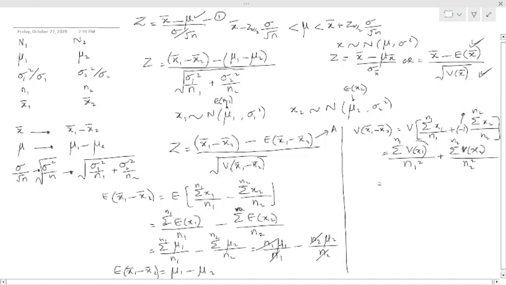Now the variance of x1 and the variance of x2 are these two. This is the variance of x1, which is equal to sigma 1 square, and this is the variance of x2, which is equal to sigma 2 square. So over here we will write down their values: sigma 1 square upon n1 square plus summation sigma 2 square added up to n2 terms divided by n2 square.